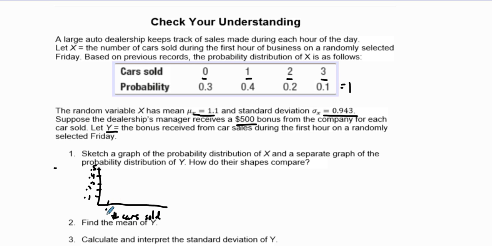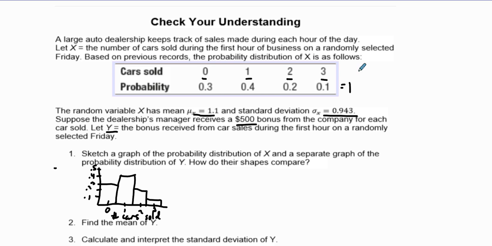We have 0 right here, and it's going to have a value of 0.3, like that. Then we have another one, which is 1, and 1 is going to be 0.4. This one is going to be 2, right there. And then we have a 3, and 3 is going to be 0.1. And we can see what the shape of that distribution is.